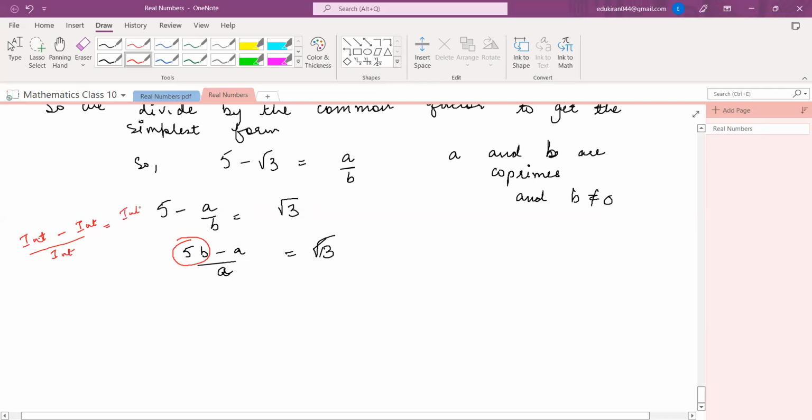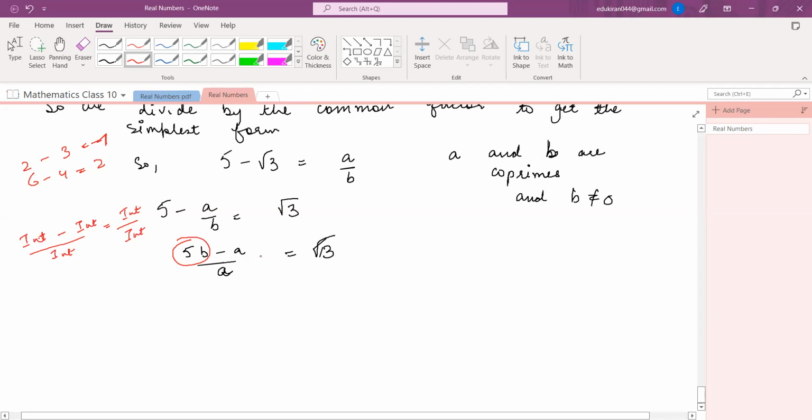Take 2 minus 3, it will give you minus 1, which is an integer, or 6 minus 4. So integer upon integer you are getting, and an integer upon integer is also a rational number, isn't it?